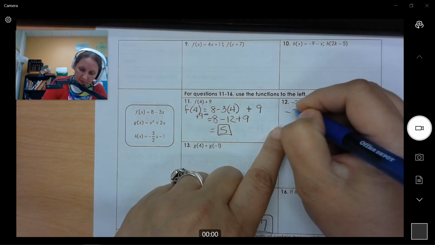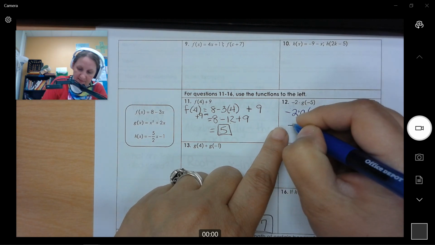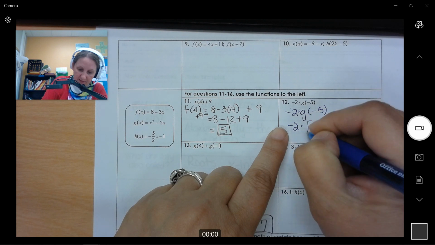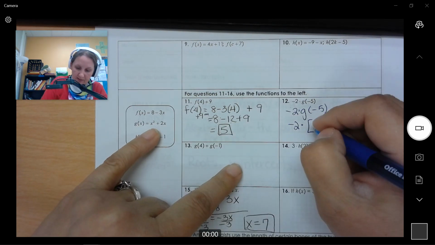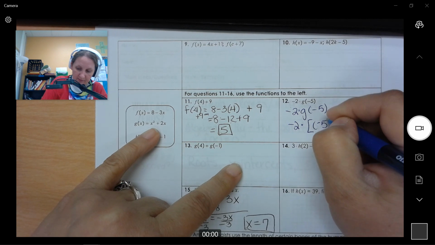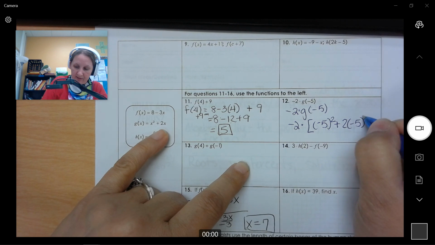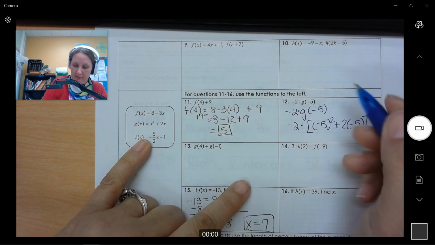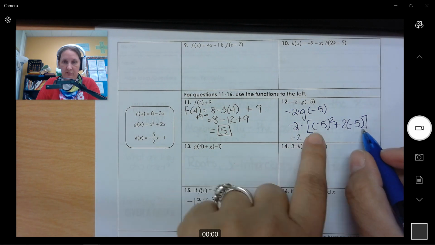So let's do negative 2 times g of negative 5. Well, that's the same as negative 2 times, now we go over to g of x, and we see it's negative, negative 5 squared plus 2 times negative 5, placing negative 5 in where x was. First thing is PEMDAS, we do parentheses.